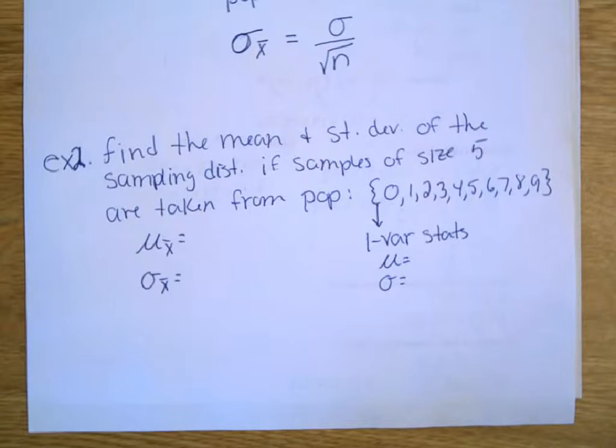So, it's one list, 0 through 9. Run your one var stats. One list, yep.